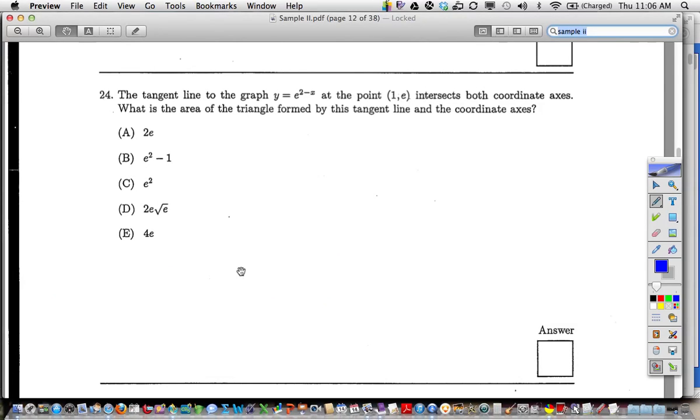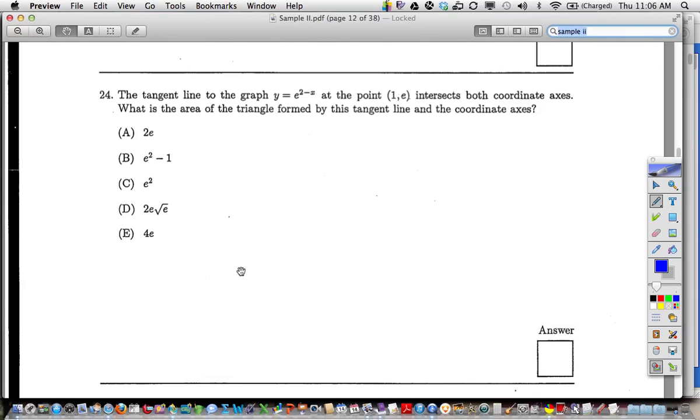All right. Has anybody got another one? Let me see if I can find something that kind of fits in with what we're doing tomorrow. 28 on sample 2.